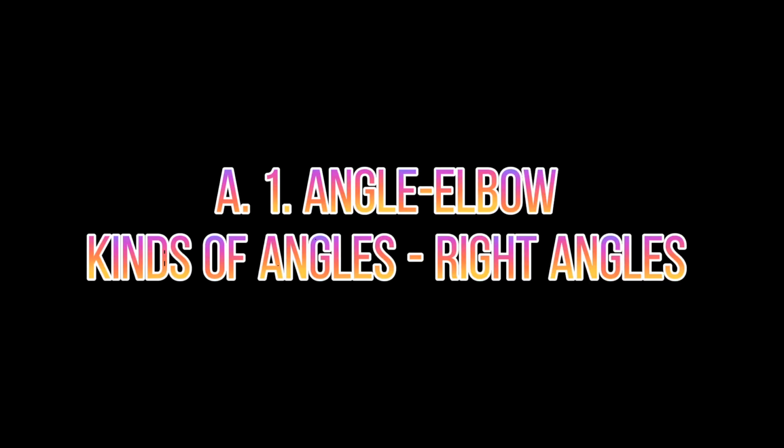Okay, number 2, describe of the angles. A. Angle elbow, kinds of angles, right angles. A right angle is a type of angle that is exactly 90 degrees.